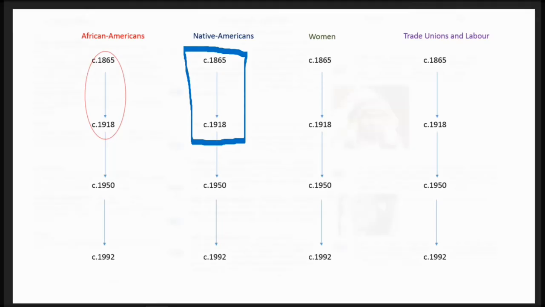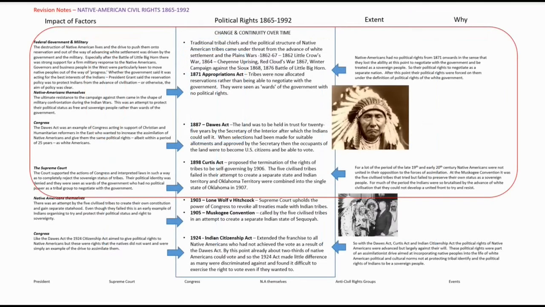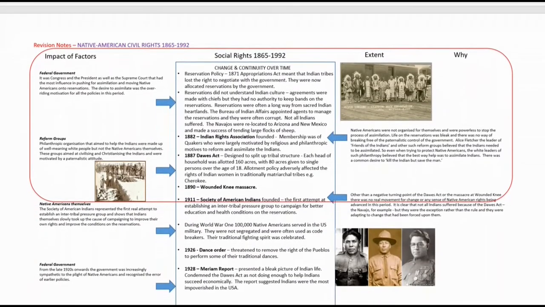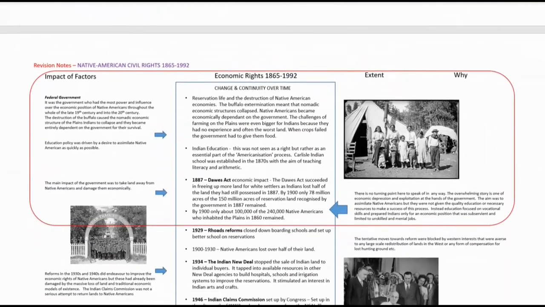Okay, so on the second page of your lesson notes template, you will find this overview page of the period roughly 1865 to around about the 1920s for Native Americans in terms of their political rights, their social rights, and their economic rights.